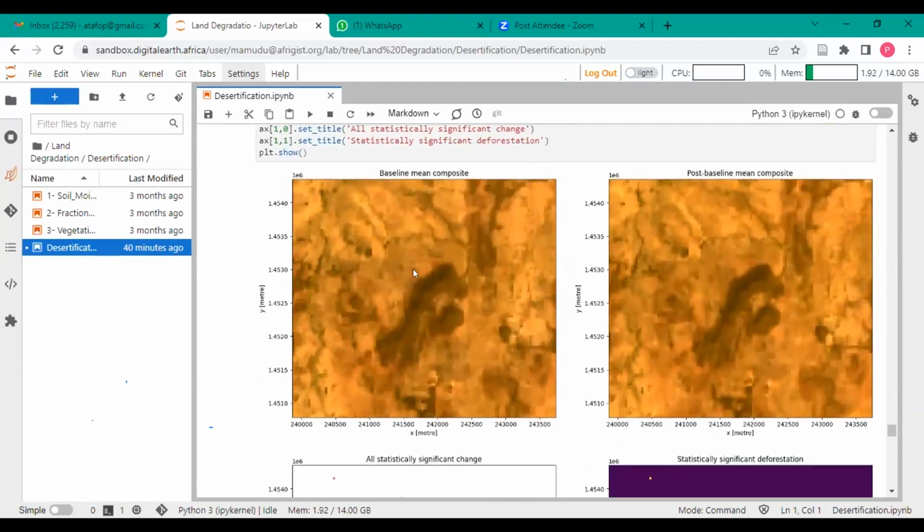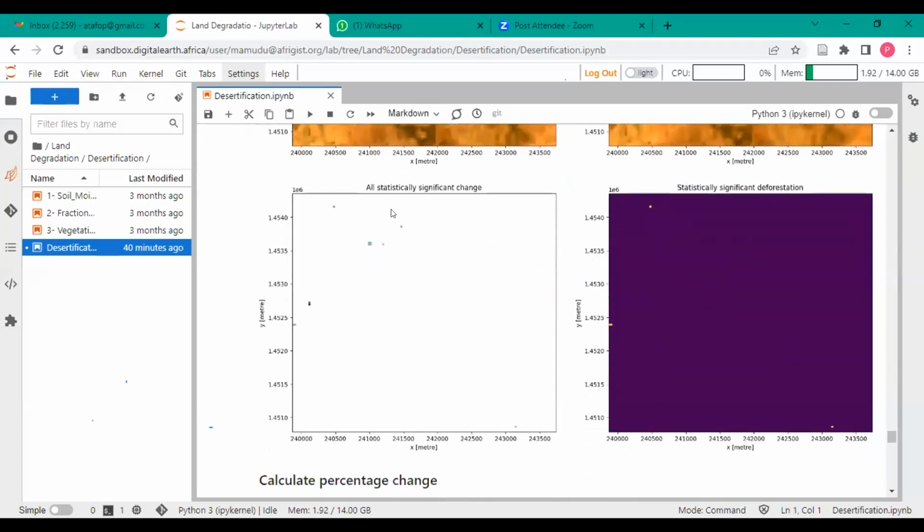So our result here is showing us the baseline composite of our image, the post-baseline composite. And then here we can see dots showing where there was any significant change in the study area. And here showing us dots where we can see where there was significant statistical deforestation in the study area.